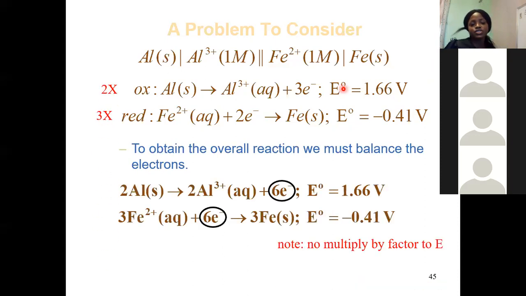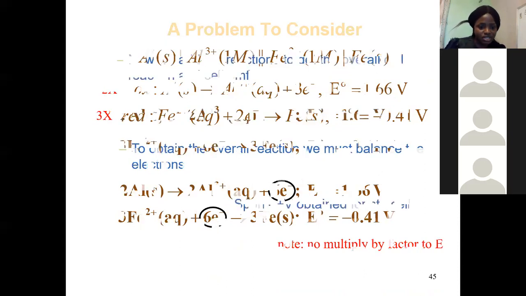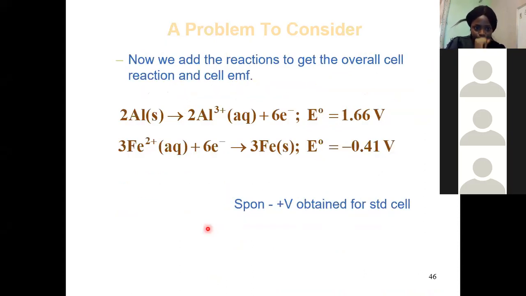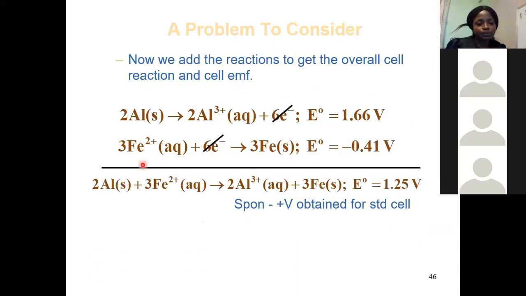You have your 6 electrons and 6 electrons. By the time we add these 2 equations together, this 6 electron will go out. And then what you would have left is 2 aluminum. The final equation would then be 2 aluminum plus 3 Fe2+ to give 2 aluminum 3+ plus 3 Fe.